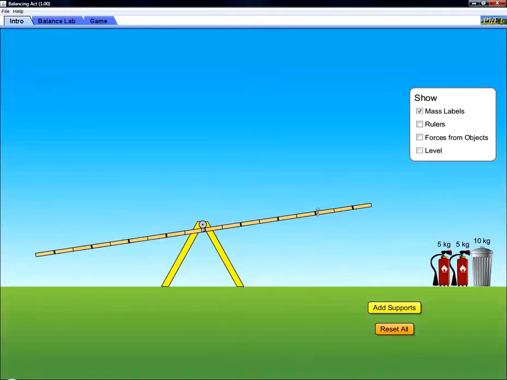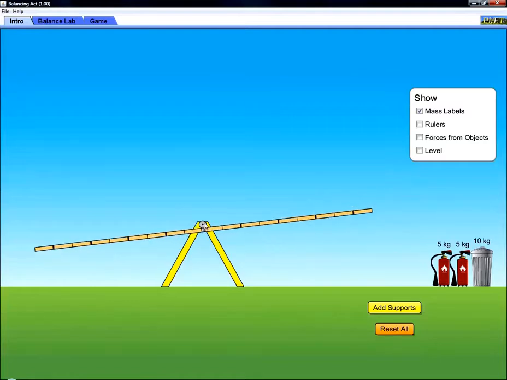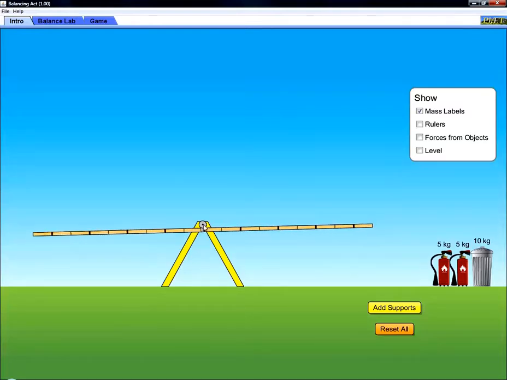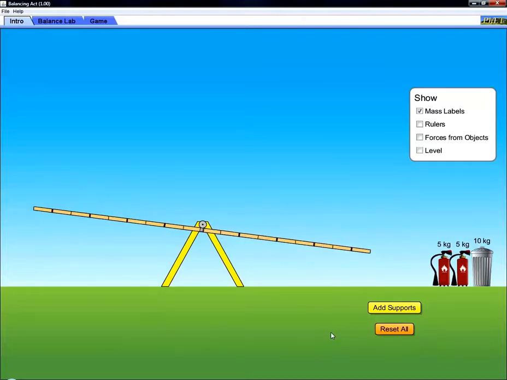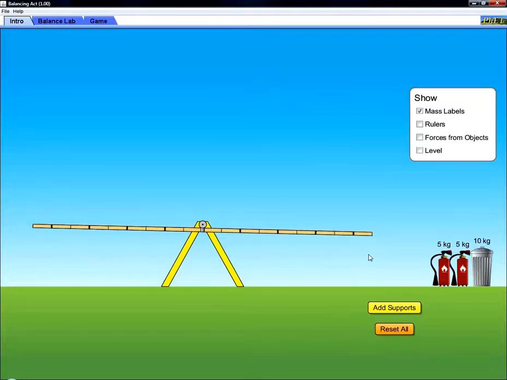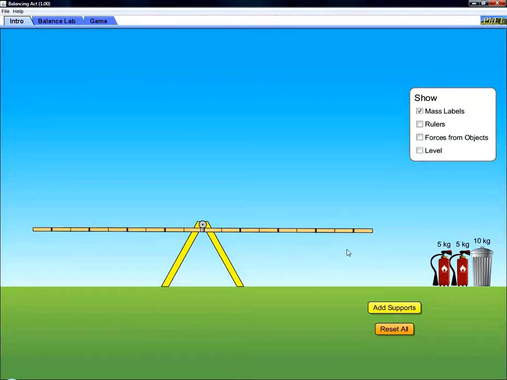The whole seesaw, the whole plank, is pivoting around the pivot. So if I pull it down, it goes back again. Not rocket science yet.